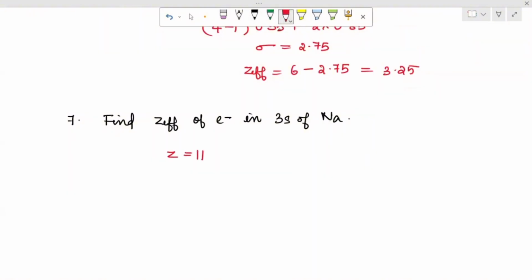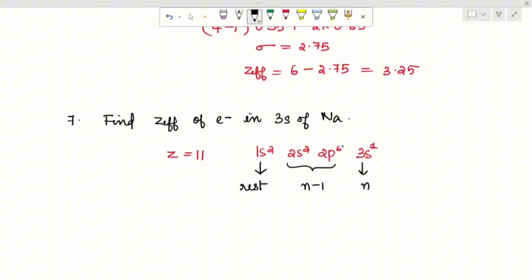And when you write the configuration, it is 1s2, 2s2, 2p6, 3s2. Sorry, 3s1. It's 11, 3s1. Right. So when you have this, identify this is n. These many belong to n minus 1 and these are the rest of the electrons.